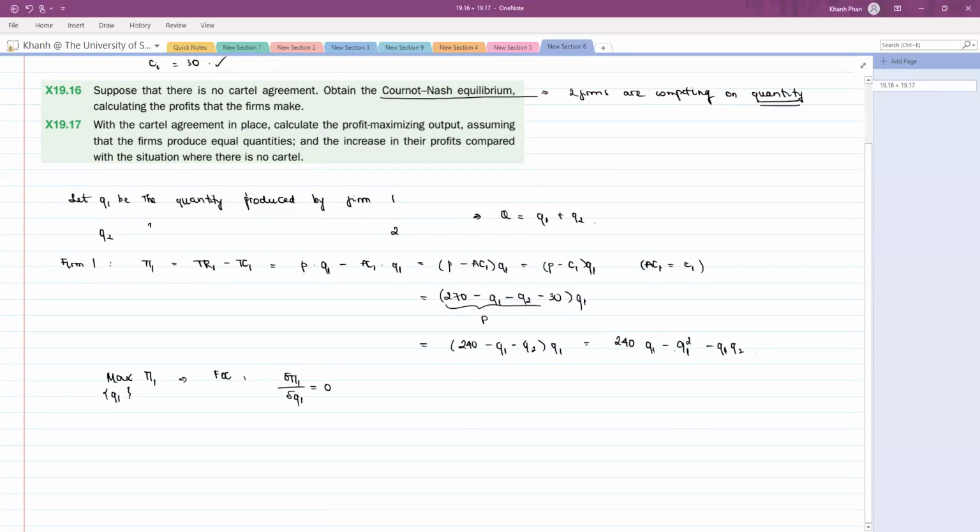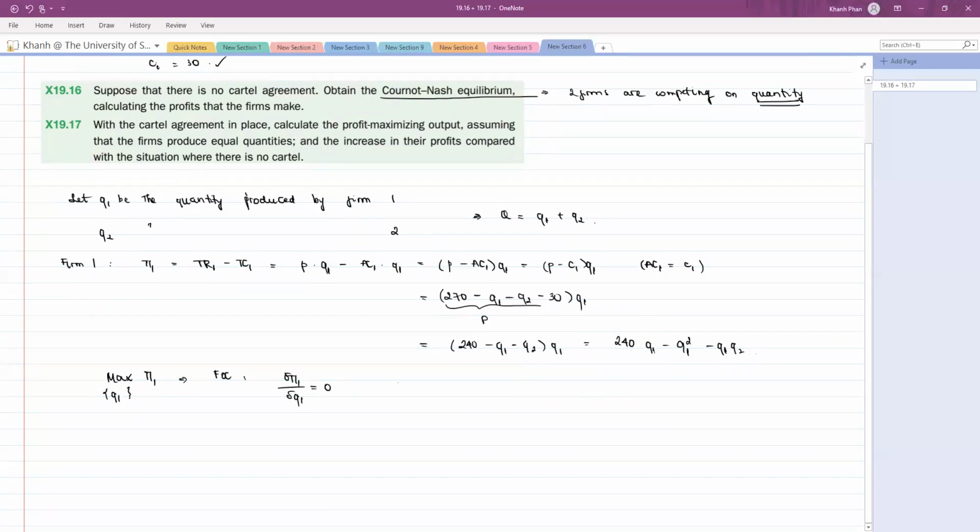Remember, firm 1 is only choosing Q1. It has no control over Q2. So Q2 is treated as a constant for firm 1, and firm 1's choice of Q1 has nothing to do with Q2.